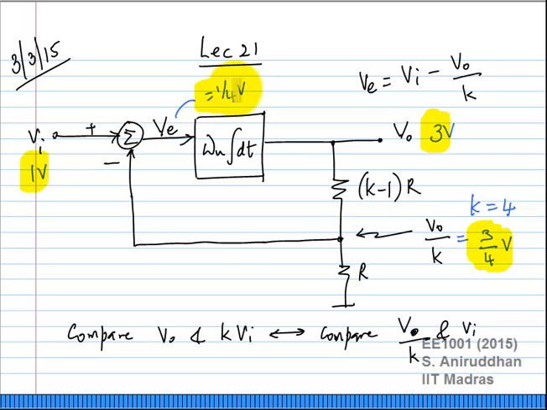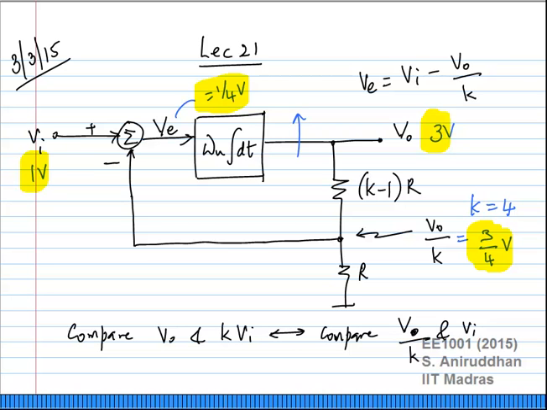The minute VE is positive, what will the integrator try to do? It will increase the output appropriately towards 4 volts. If you start off from, for example, 5 volts, this voltage VO by K will be 5 by 4, the error voltage VE will be negative, and the controller will drive it down. As you can very clearly see, as long as VO is different from the desired value of 4 volts, the controller will drive it towards 4 volts, whether it's higher or lower.